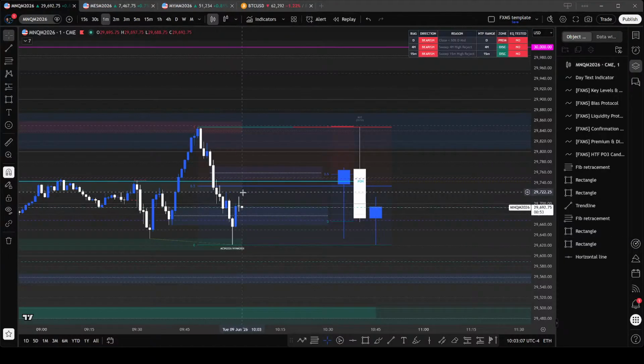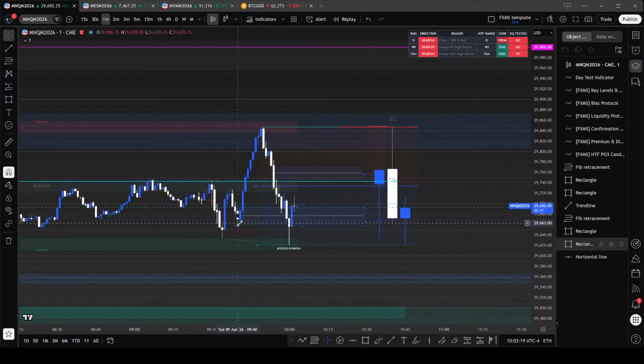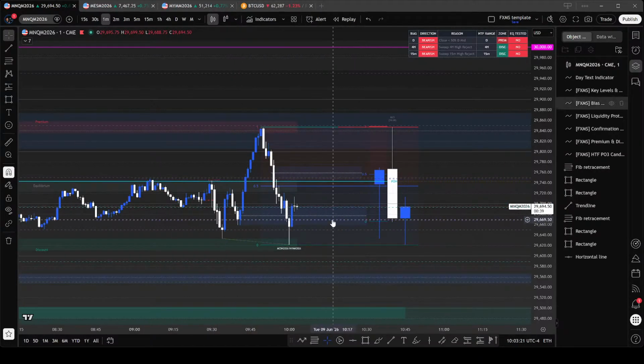And then we have, you know, potentially this as the imbalance that we're trading back into in the premium. I would love to see an internal high formed before that. Okay, let's see if we get a push up into this level here.